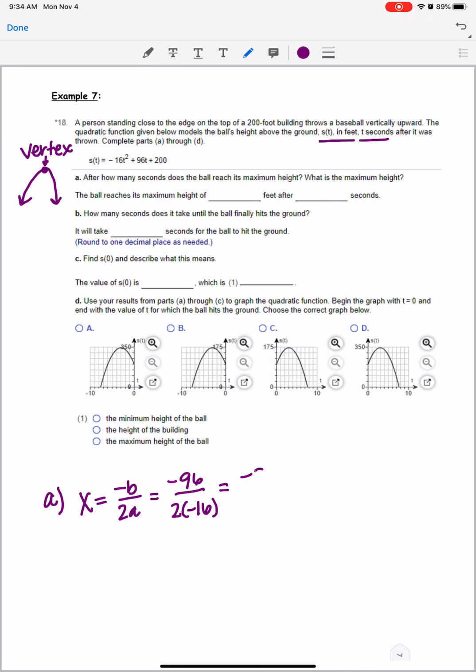So we've got negative 96 over negative 32, and that's going to reduce to 3. So now to get the y, plug this in. So into this equation here, plug this in to both of our t's.